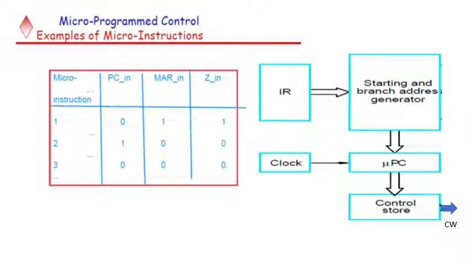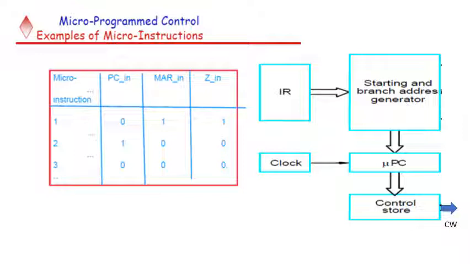First, I will tell you what a control word is. A control word is a word whose individual bits represent the various control signals. Each of the control steps in the control sequence of an instruction defines a unique combination of ones and zeros in the control word.